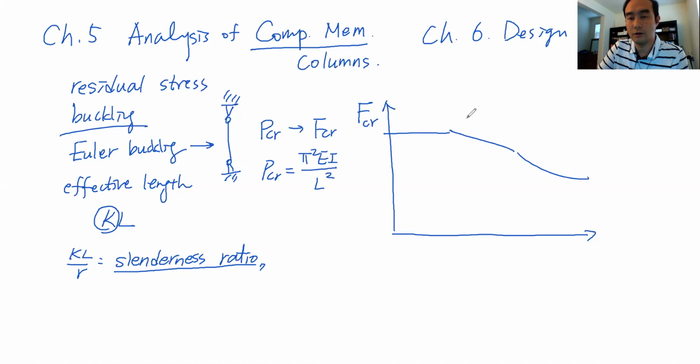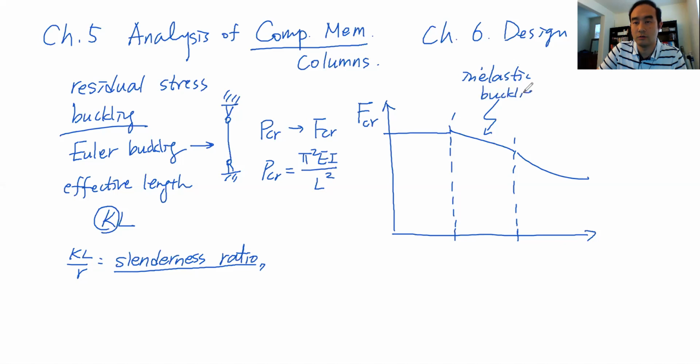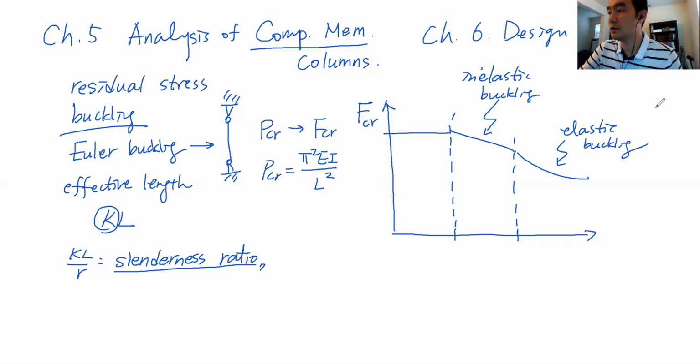This is the short column, where buckling is not going to be the governing failure mechanism. Now this is the inelastic buckling range, and here is the elastic buckling range. This is available in your textbook.